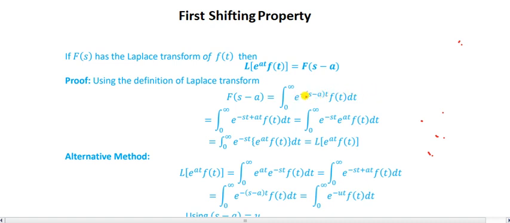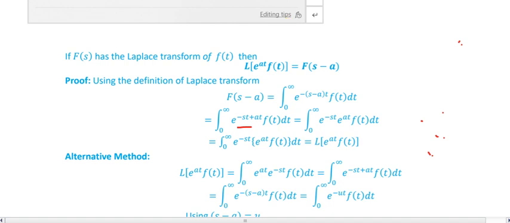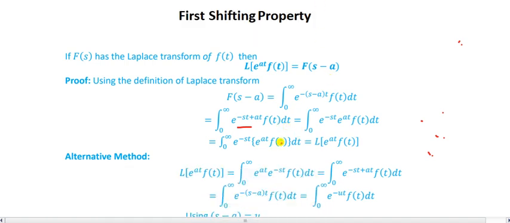So we now multiply this one, e to the power minus st and plus at, f of t dt. So now let us break down this one. We will get e to the power minus st, e to the power at, f of t.